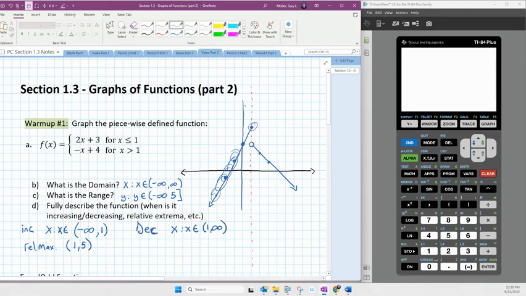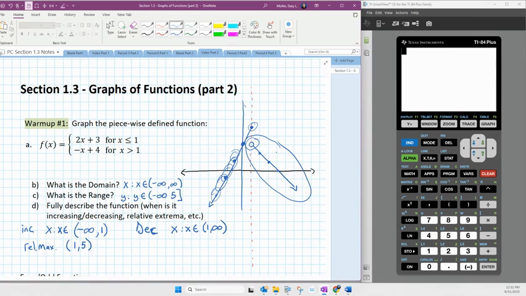Now, the question we need to ask ourselves is, do we have a relative maximum right here? And the answer is no, because there is no number that you can identify that is bigger, even if this side didn't exist, like even if the whole graph was just this part right here. There is no value for y that you can tell me is the biggest one there.